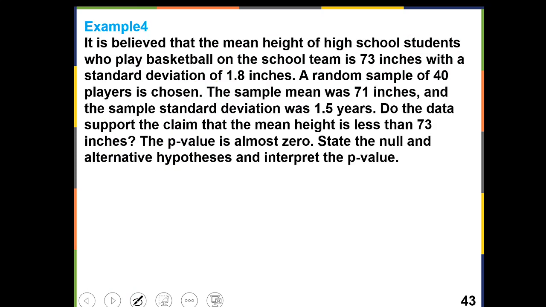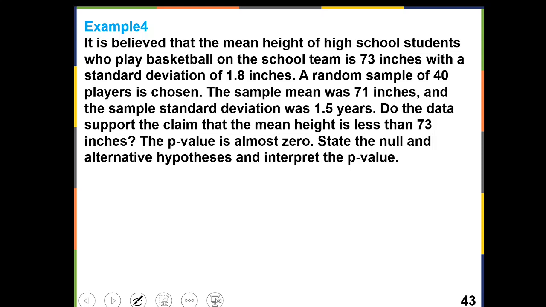Here's another one. The p-value is almost 0 in this case. State the null and alternative hypothesis and interpret the p-value. It is believed that the mean height of high school students who play basketball on the school team is 73 inches with a standard deviation of 1.8. A random sample of 40 players is chosen. The sample mean was 71 inches and the sample standard deviation was 1.5 years.